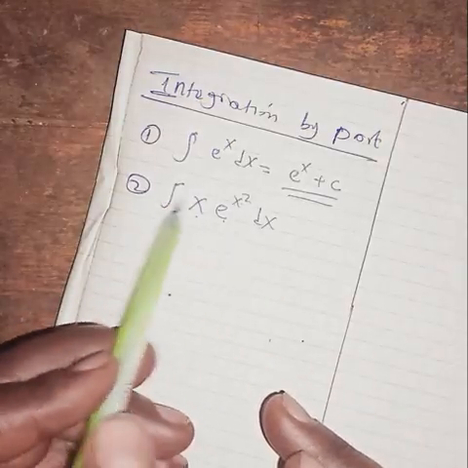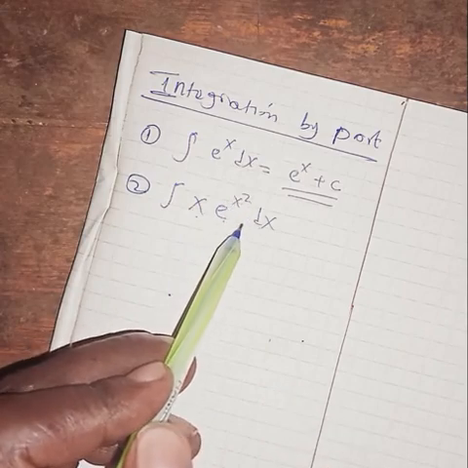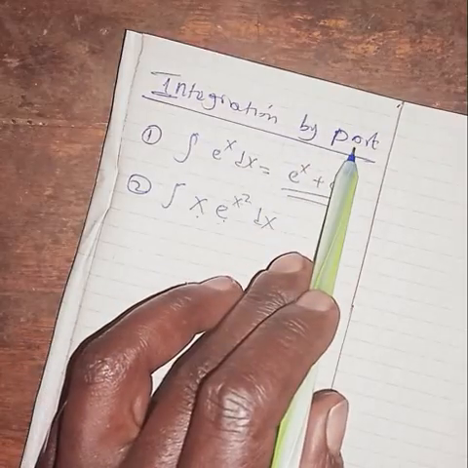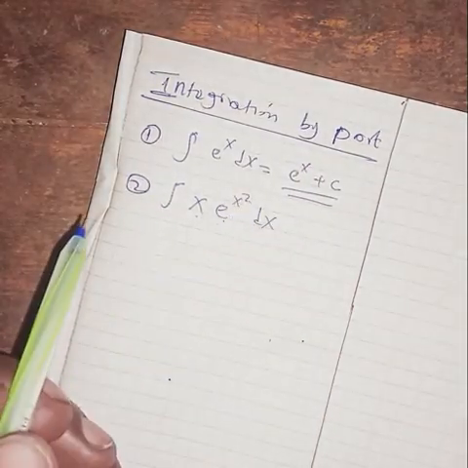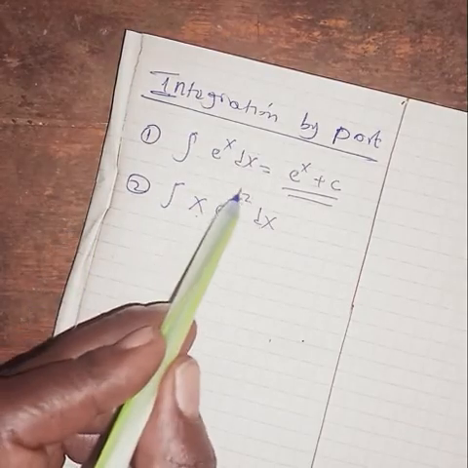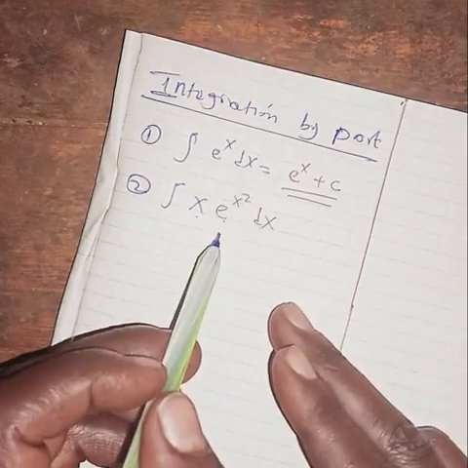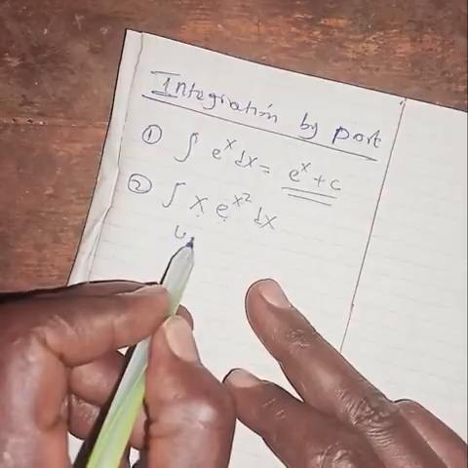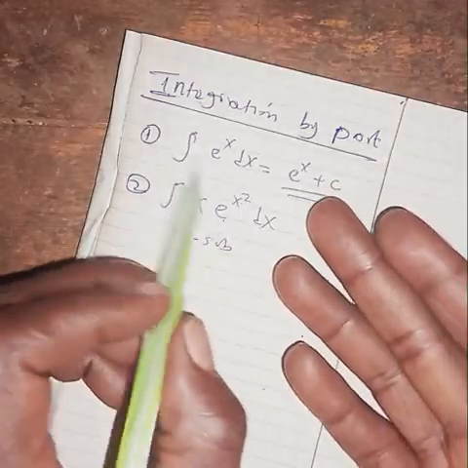When you look at this question very well, you are not supposed to solve it by using integration by parts. Why? Because of x squared. This x squared we normally substitute to the simplest form. We use substitution.